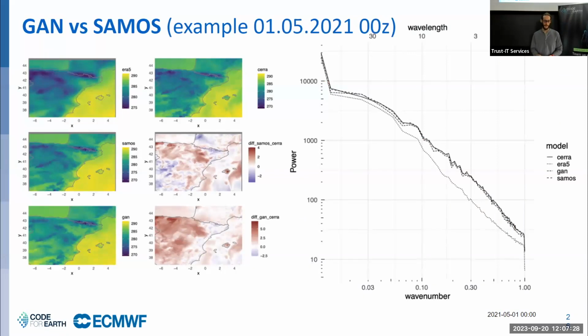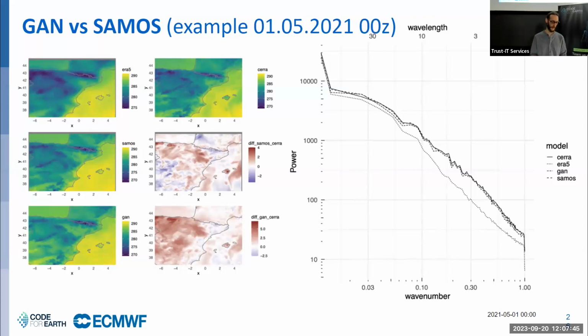So here we have the same example as before. This is just one single day. If we focus first on the right-hand side, what we can see is that we have a much better performance from the GAN compared to the UNet in terms of the smaller scale structures.